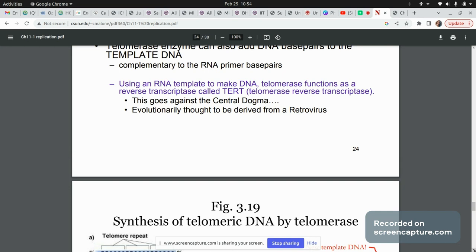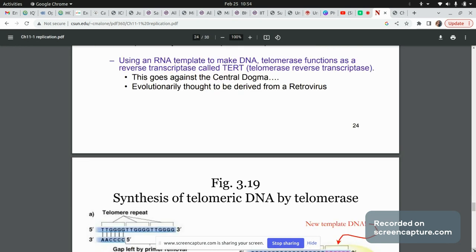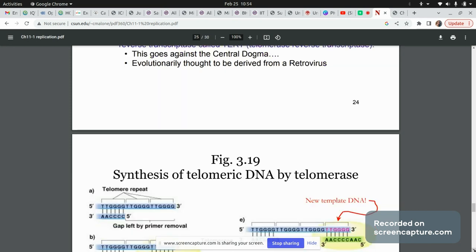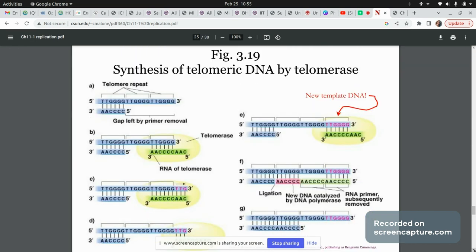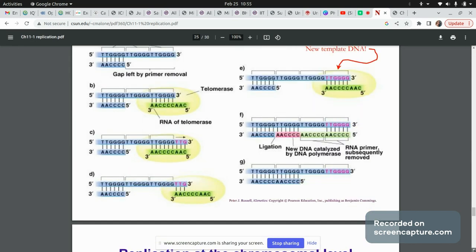Telomerase functions as a reverse transcriptase called TERT. TERT is the telomerase reverse transcriptase. This goes against the central dogma and is thought to be derived from a retrovirus. Synthesis of telomere DNA by telomerase.